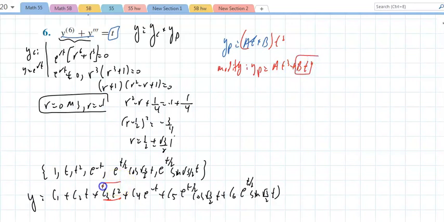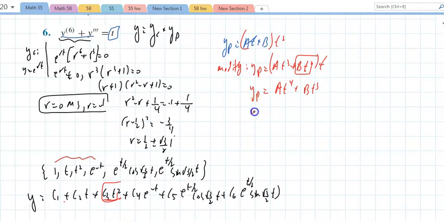But bt squared is there. I modify again. I'll keep on modifying until none of these terms are in my fundamental set. Why is that? Because I want them to be linearly independent.